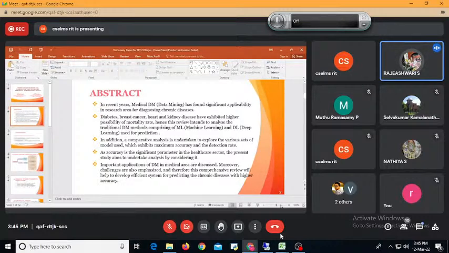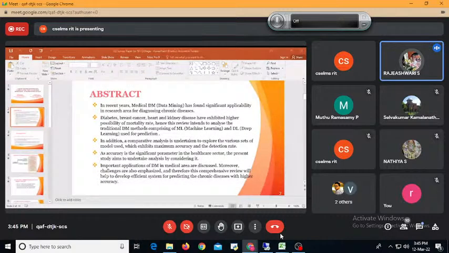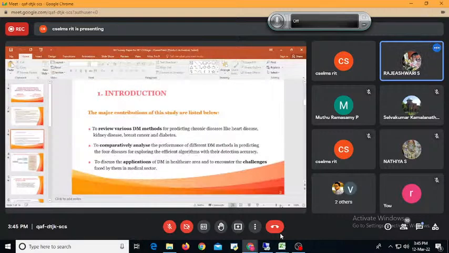So this review intends to analyze the traditional data mining methods, comprising machine learning and deep learning, and a comparative analysis is undertaken to explore the various models used before. This review will help to develop an efficient system for predicting chronic disease with higher accuracy.